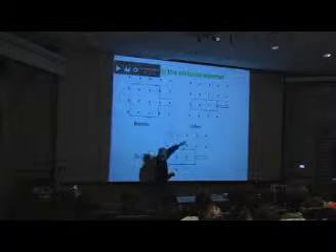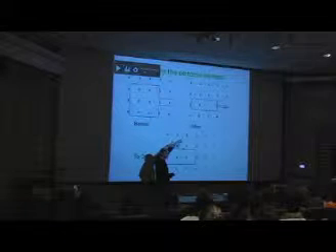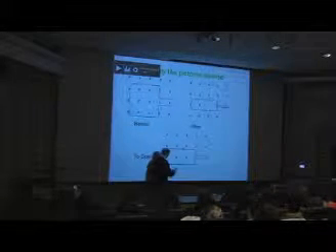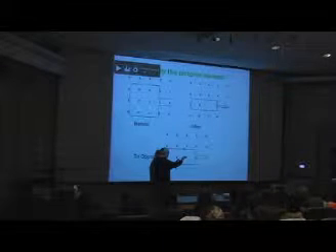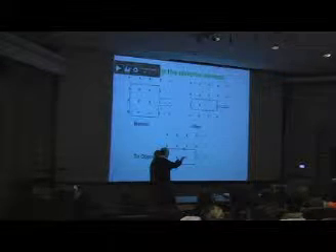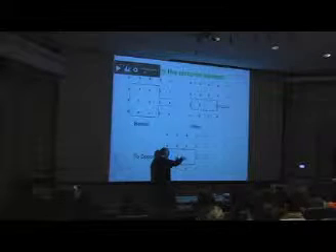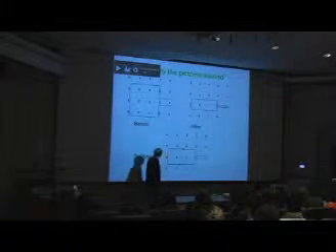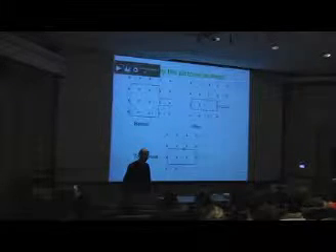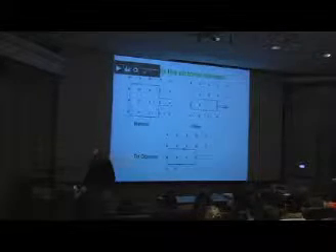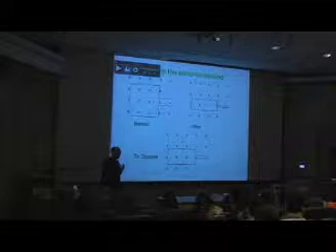These fields are created by something external to the loop itself, but this one is created by the current in the loop itself. And so your thumb is the magnetic field into the page, and that must be created by a current that goes clockwise. Okay. Which I hope was the 71% rather than the other one. Was it? Oh, that's good. Good. Okay. Any questions on this at all?